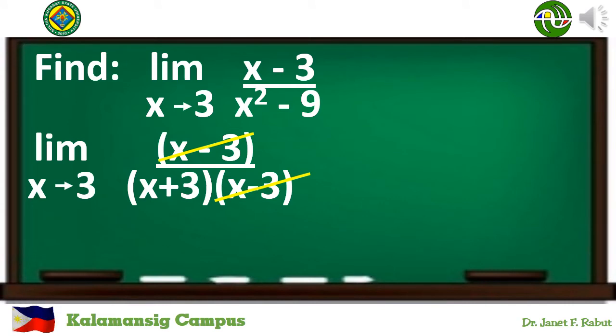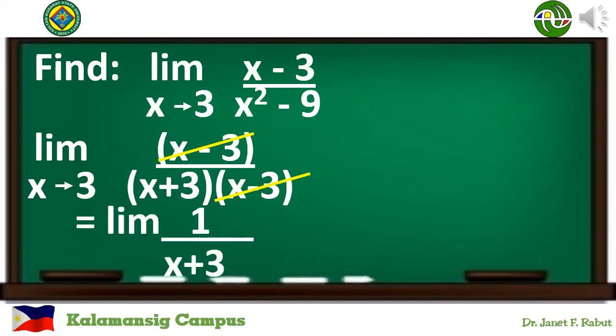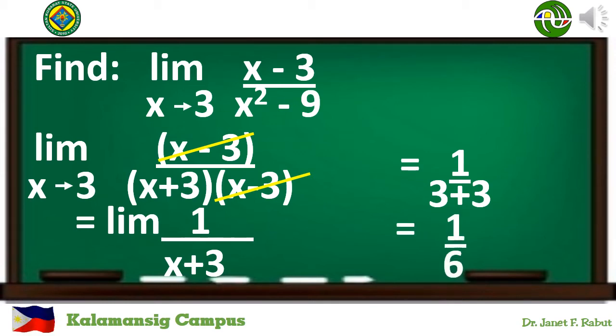We have 1 over x plus 3. Now, substitute 3 with x. We get 1 over 3 plus 3. And finally, we get 1/6. Therefore, the limit of x minus 3 over x squared minus 9 as x approaches 3 equals 1/6.